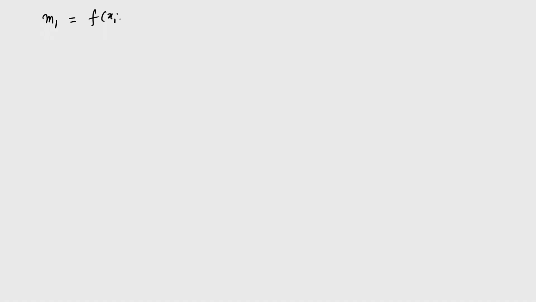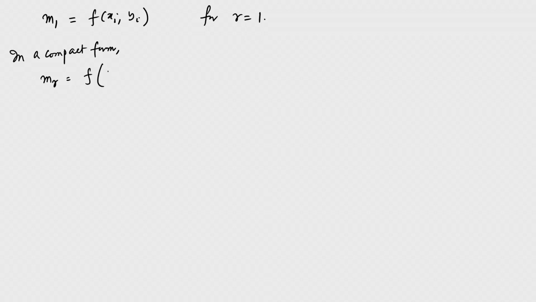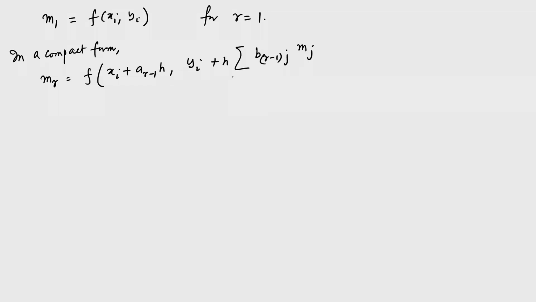Once again writing m1, this is for r equal to 1, and m_r in a compact form can be written as f(x_i + a_r+1 h, y_i + h times the sum of b_rj m_j, j starting from 1 and going up to r minus 1).